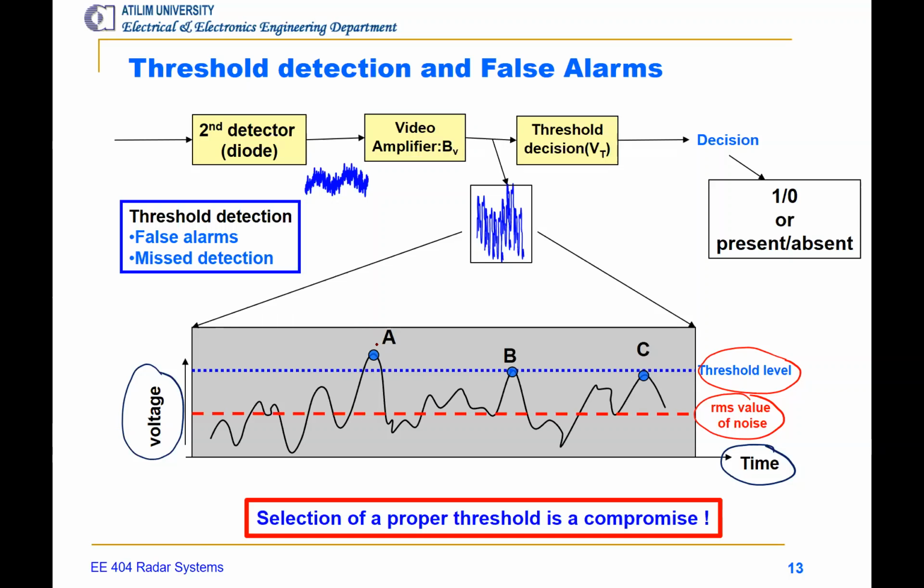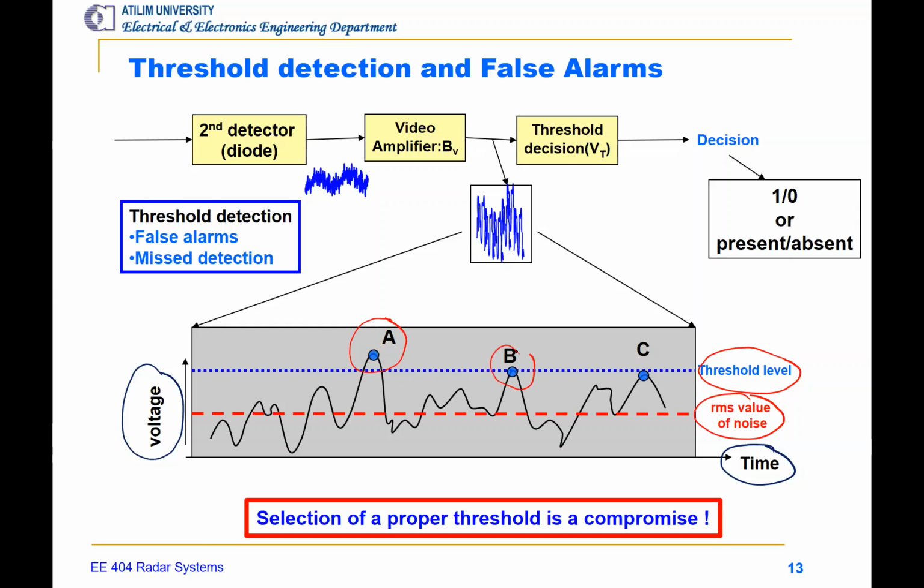At point A, it's quite apparent that this value exceeds the threshold. So it's likely that that's an echo signal, a target signal, because it's quite above the threshold. But it may not be. But now it seems that this looks like a target signal.